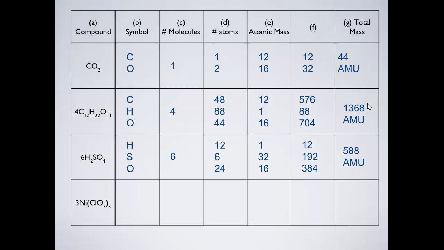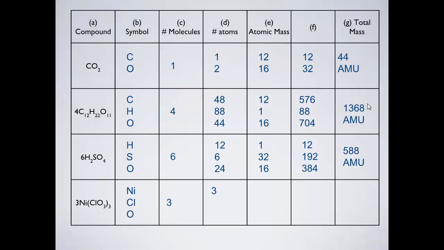All right, let's do this last example. So elements present. Grace, what are our elements? Ni, nickel, chlorine, oxygen. Total number of molecules, Joey? 3. Total number of atoms of nickel, Brian?